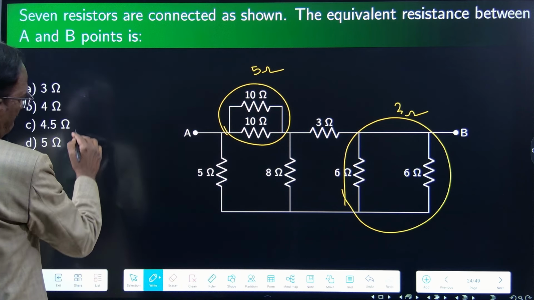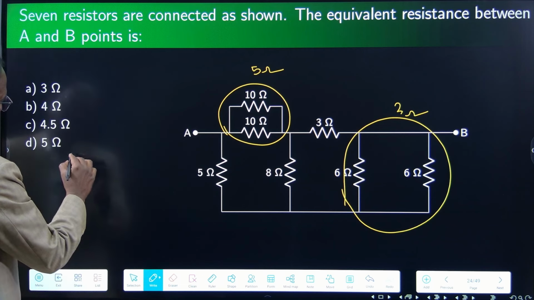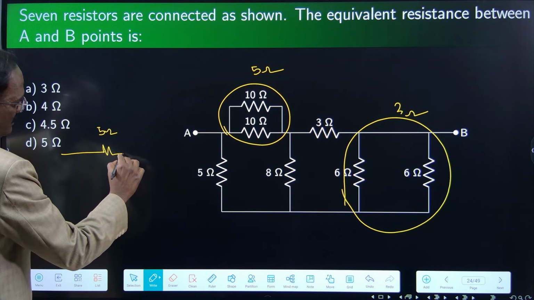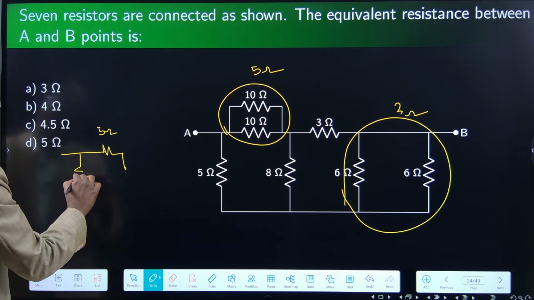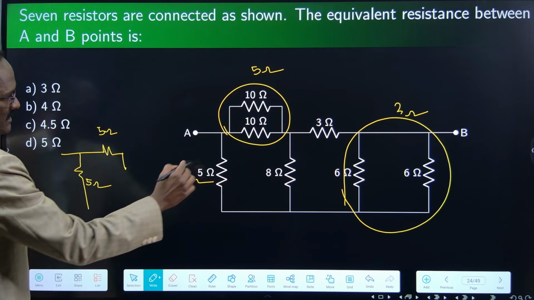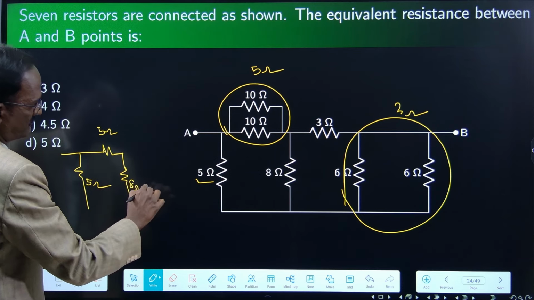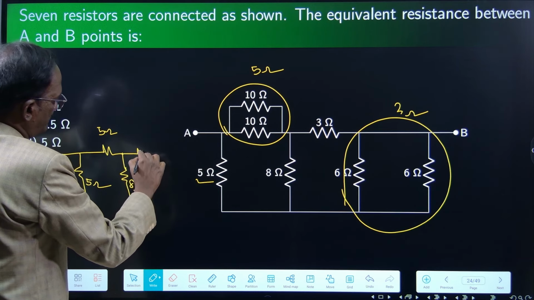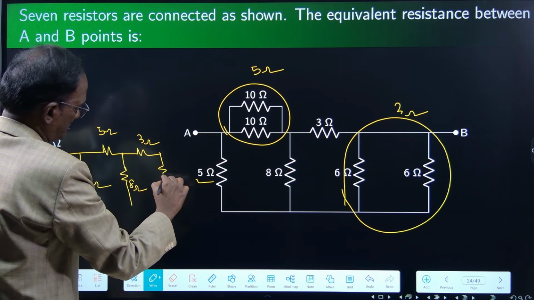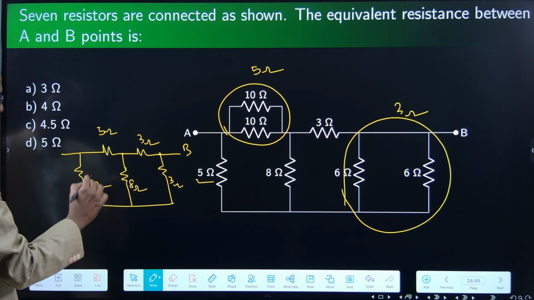From A, 5 ohms, then this is 5 ohms, this 5 ohms, then this is 8 ohms, then 3 ohms, then 3 ohms, this is B and it is the common node.